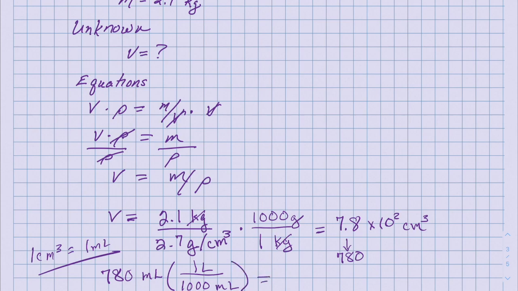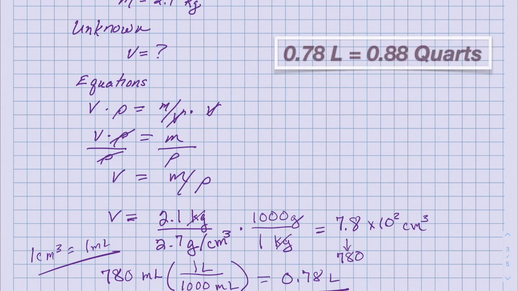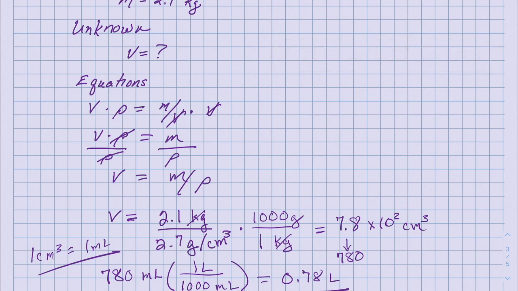So what we have here is 0.78 liters. All right, and again, a liter is roughly the same volume as a quart. Not exactly the same, but it's pretty close. And you can go ahead and do that conversion if you want. But we know that we've actually taken these cans and compressed them into a volume that's less than a quart total.